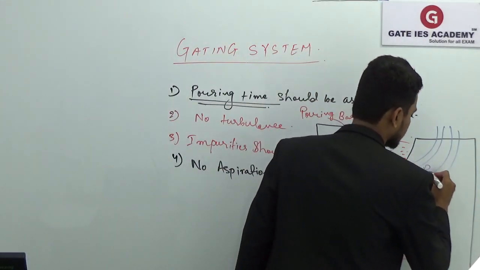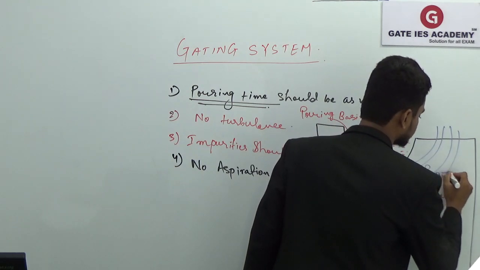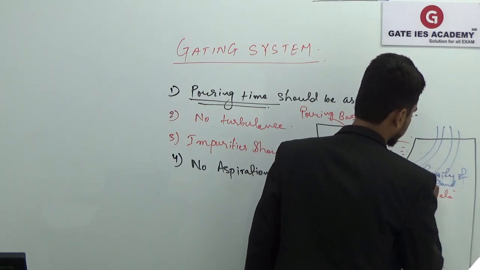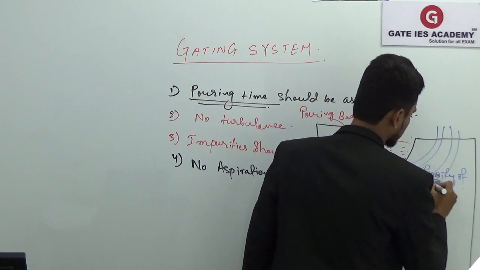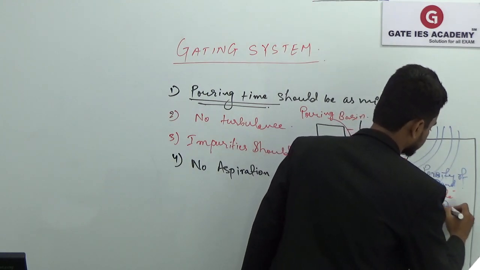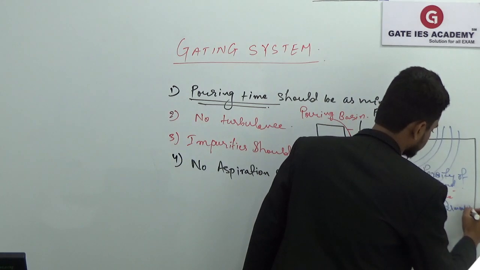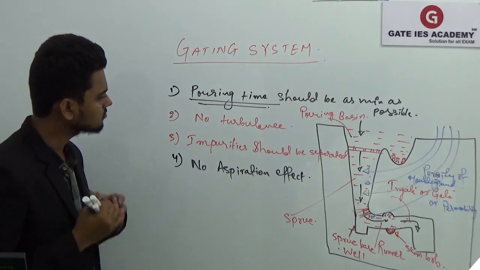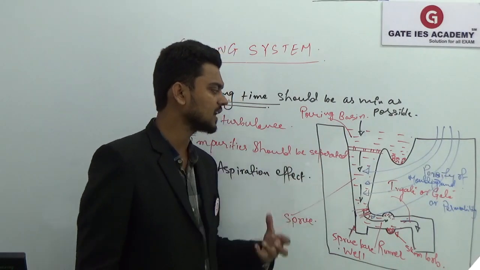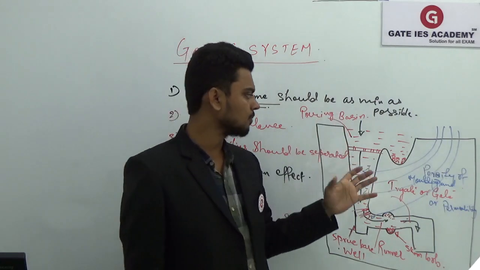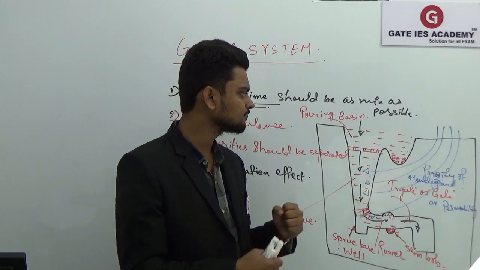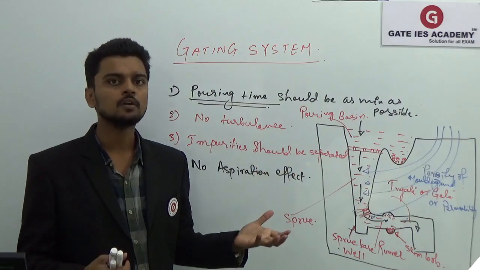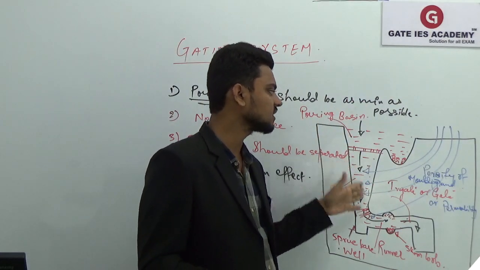Because of the porosity, or permeability, of your molding sand. There will be a pressure difference between inside your gating system and outside the mold, and the air from the outside will start flowing into the gating system.